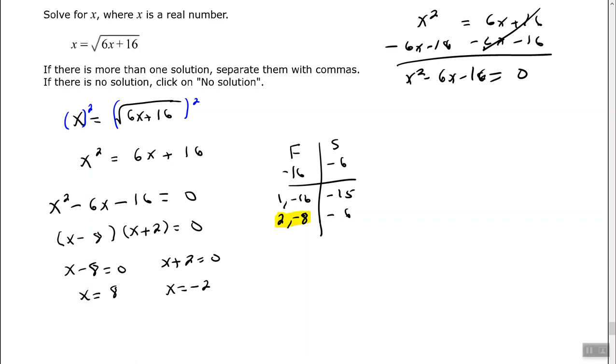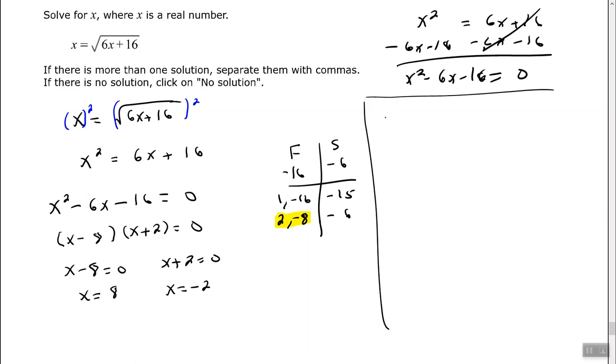I have my original problem of x equals the square root of 6x plus 16. Let's check x equals 8 first. Everywhere that I see an x, I'm going to replace it with 8, and then see if this is true.